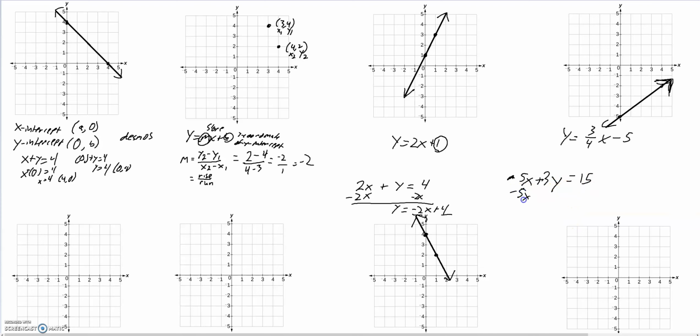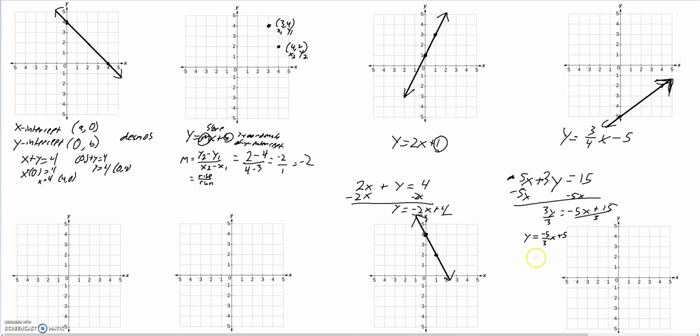So I'm going to subtract 5x from both sides. This gives me 3y is negative 5x plus 15. Now to solve for y, divide both sides by 3. We get y equals negative 5/3 x plus 15 divided by 3 is 5.